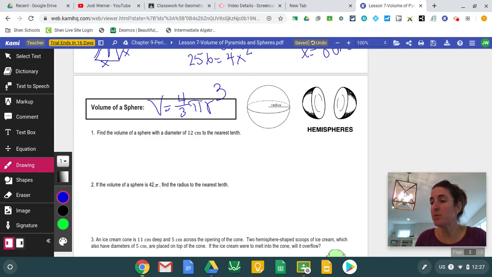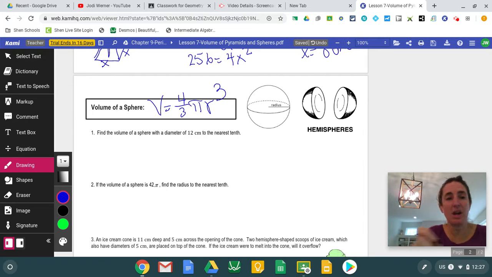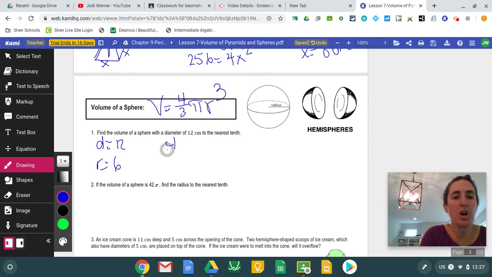Let me give you a basic example. Find the volume of the sphere with a diameter of 12. If the diameter is 12, the radius is really only 6, correct? I'm going to do 4/3 pi times 6 cubed.